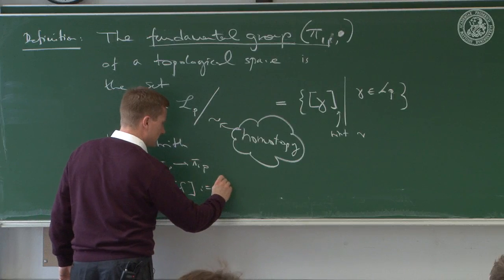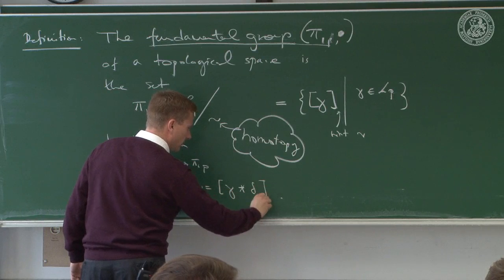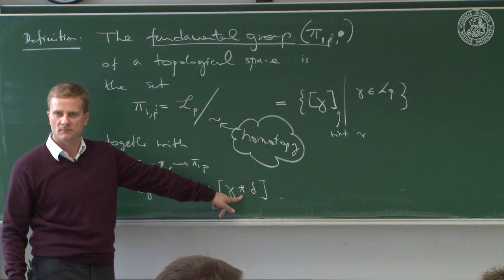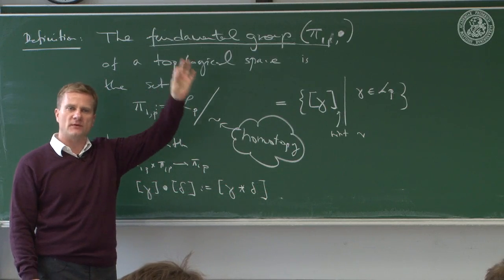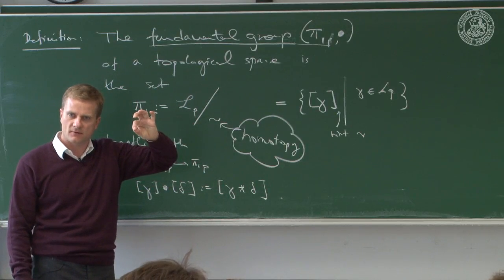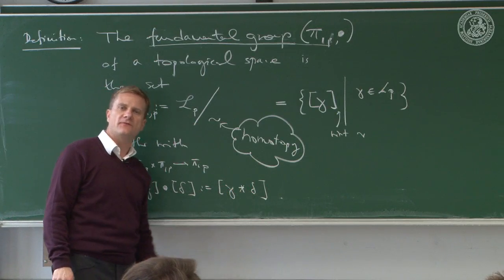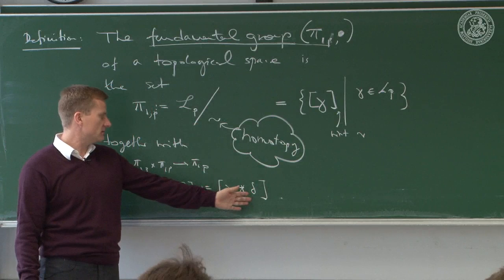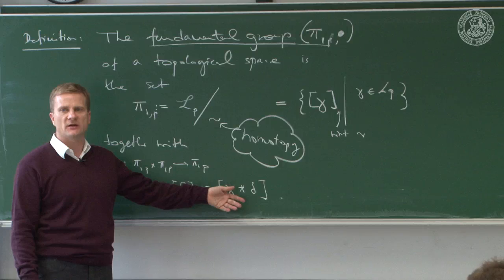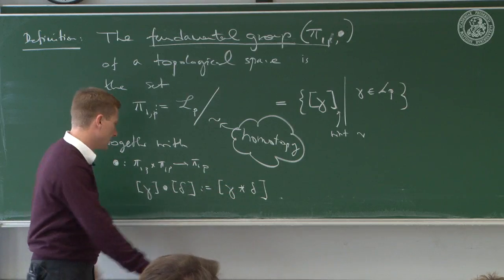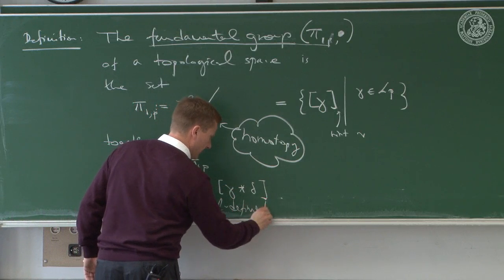And we define this as the equivalence class that you get by concatenating the loops. It was the star operation from before, where we first went through one and then concatenated with the next, and we take the equivalence class after that. So it's a definition by using representatives. So obviously what you need to do is check whether it's well defined. Well, I assure you it is well defined, but you're invited to check at home.